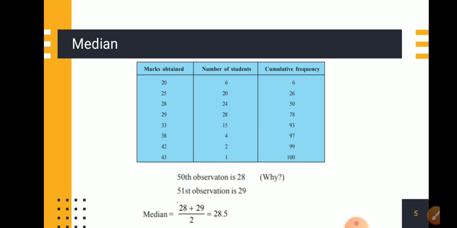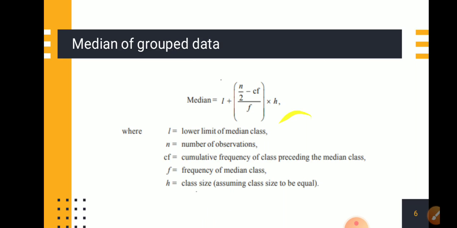Now the 50th observation will fall under the cumulative frequency column 50 over here. So when we look straight to the marks obtained column, we find it is 28. So 50th observation is 28 and 51st observation will fall under 78.